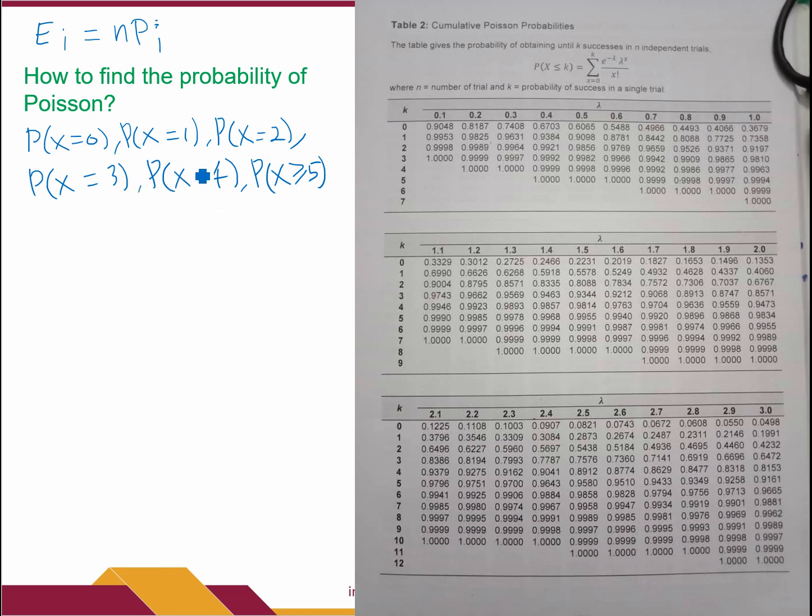So how to find this Poisson probability? We may use the statistical table. If we look at the cumulative Poisson probabilities, we look at the formulas that are given here.